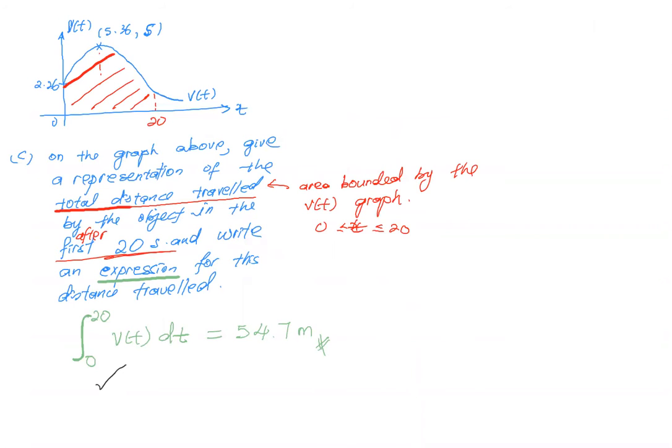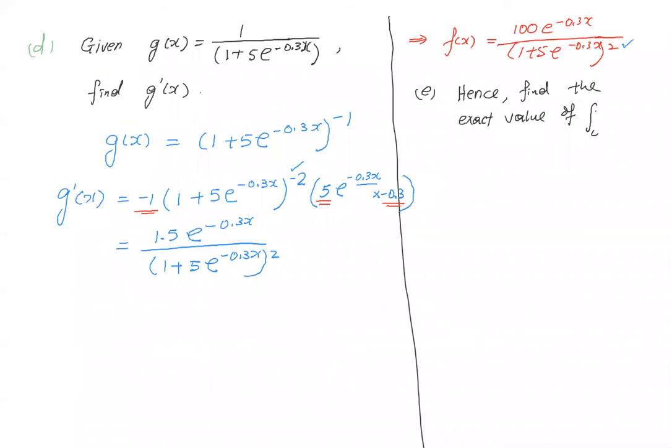Exact value of the integral from 0 to 20 of Vt dt. So if I have the word hence, where should I start? I have to start from part D. Am I right?